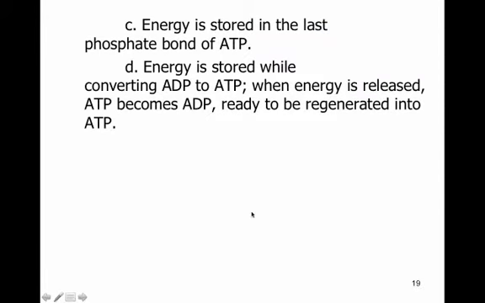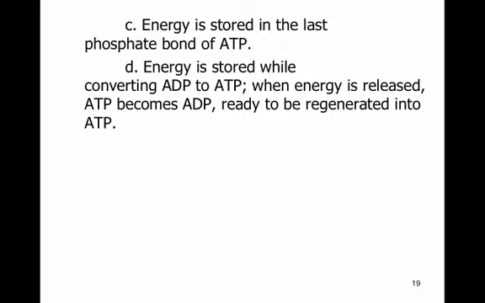So the energy that your body uses is stored in the last phosphate bond of the ATP. What do you think the difference between ADP and ATP is? Right, ADP is adenine diphosphate, so you only have 2 phosphates, and then triphosphate has 3.